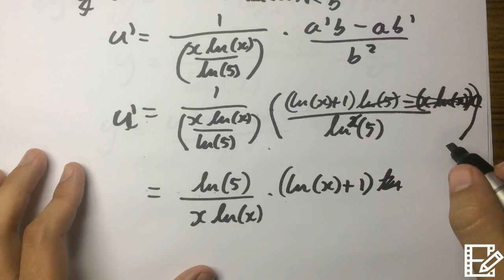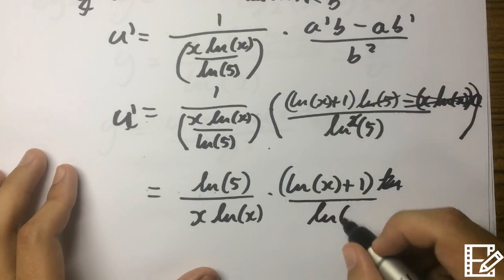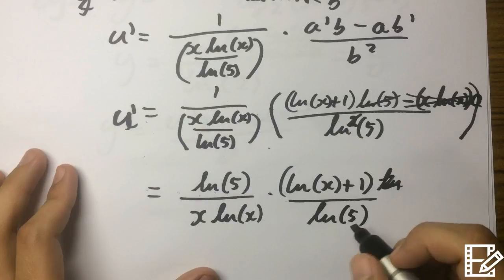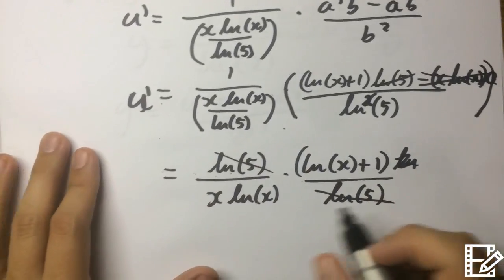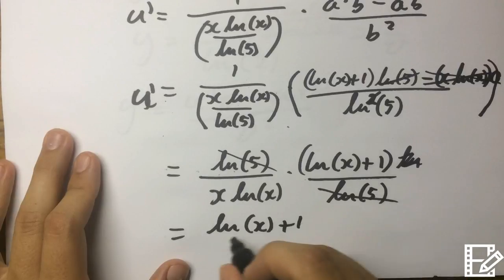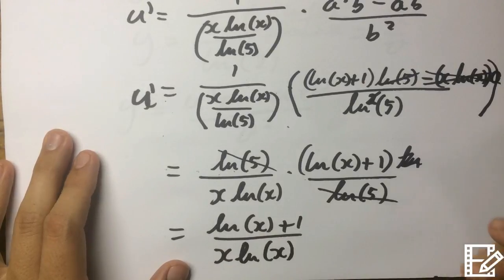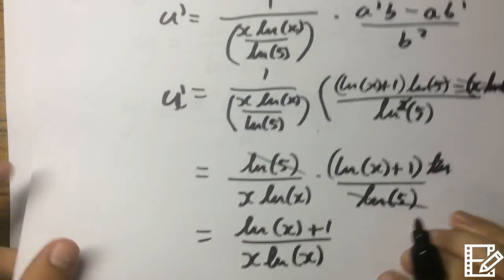We're going to have that cancel out in the bottom. And that's going to be over ln of 5, because we've only got 1 now on the bottom. That's going to cancel out, that's going to cancel out. And we're going to be left with ln of x plus 1 over x ln of x. And that is our u dash.